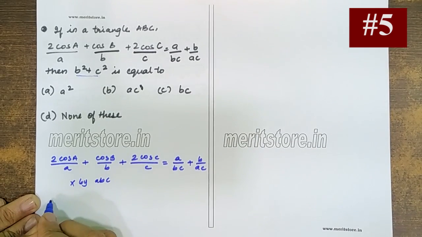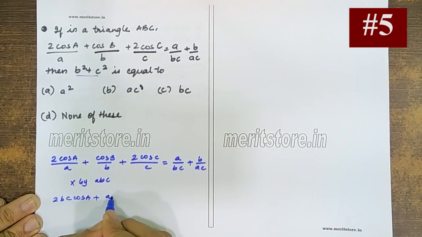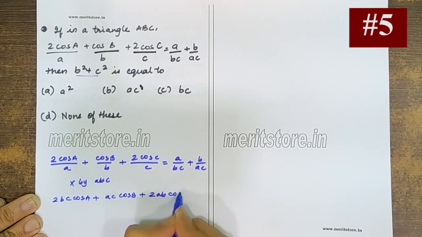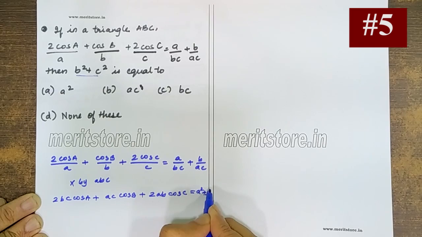So that will give you 2BC cos A plus AC cos B plus 2AB cos C is equal to A square plus B square.